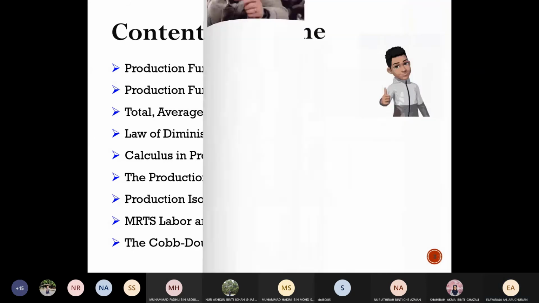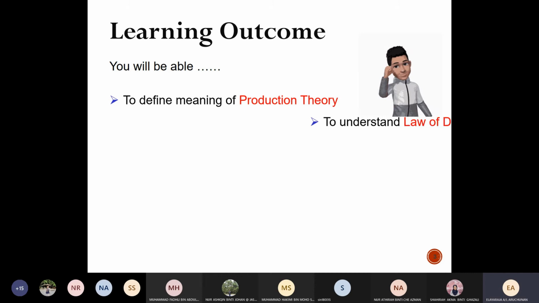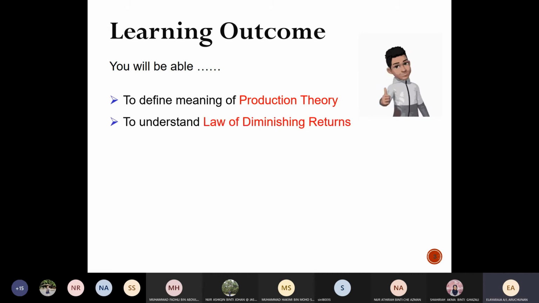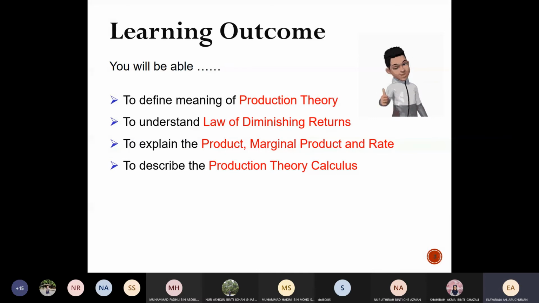After you study these chapters, the learning outcomes are as follows. First, you'll be able to define the meaning of production theory. Next, you will understand the law of diminishing returns, and explain the product, marginal product, and the marginal rate.